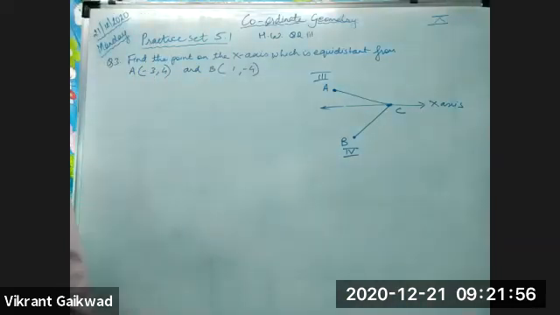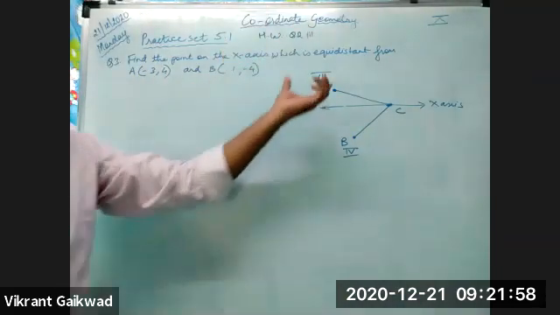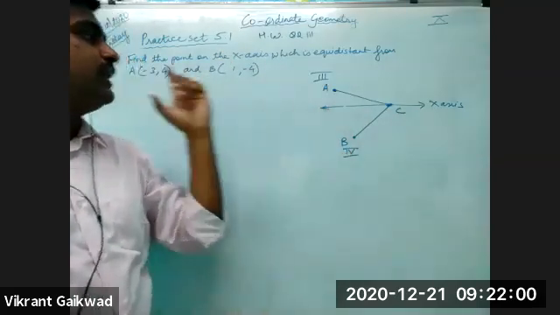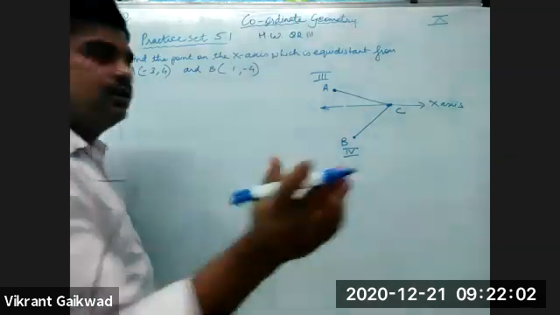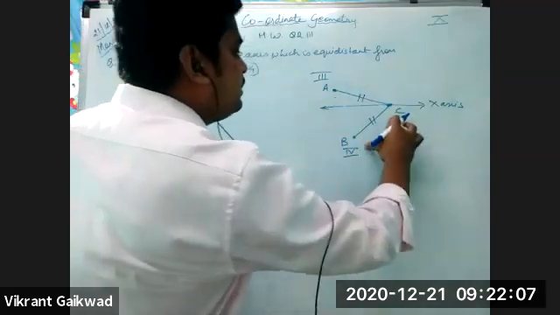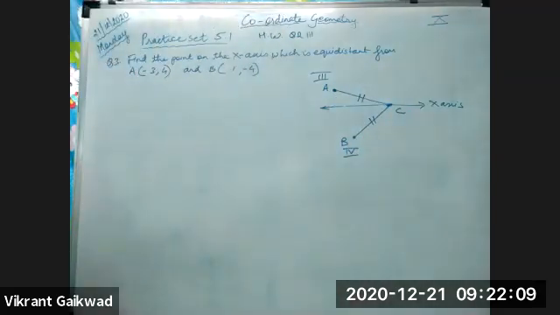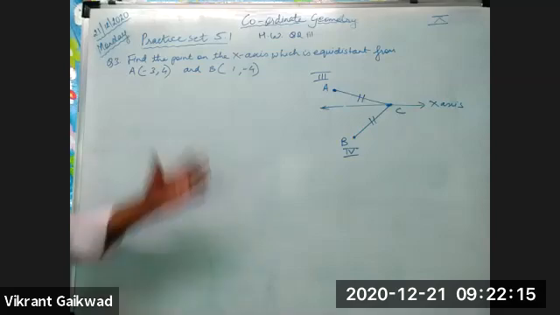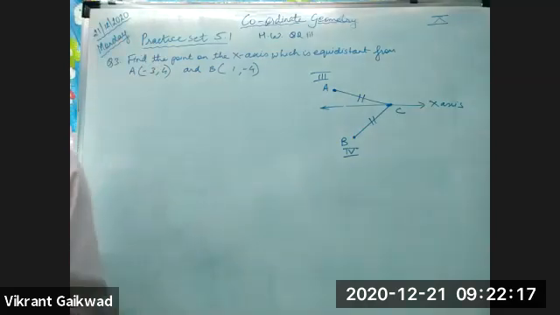We'll just find it after. They have told that it is equidistant. So that means distance of AC and distance of BC is going to remain same. Is this understood by all the students?